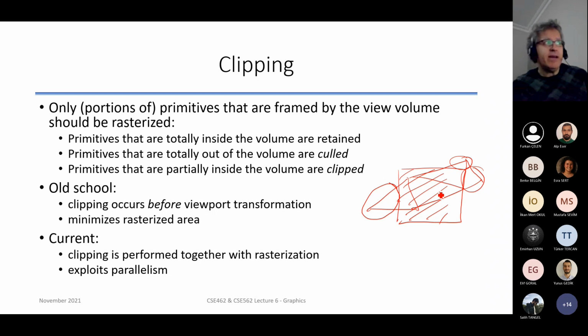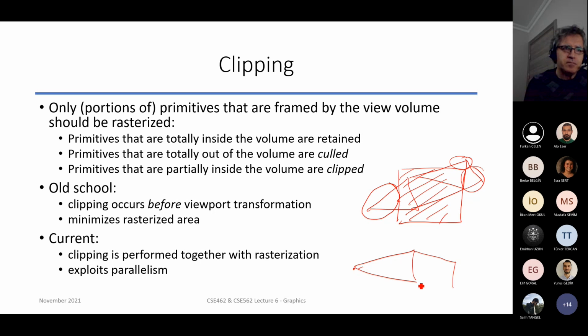So the question that we are going to ask is whether a primitive is totally inside of the volume. If they are totally inside, we are going to say that they are there, and we are going to get them. So if a triangle is inside our volume, and we say this is a volume because our camera geometry is defined by something like this.